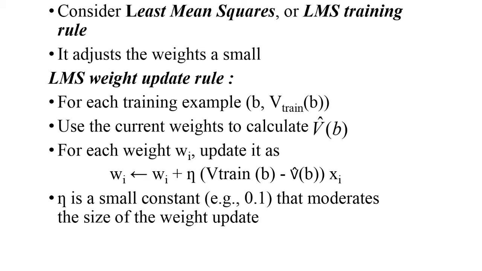For each weight Wi, update it as: the new weight Wi is the older weight plus eta times (V train B minus V hat B) times xi. Here eta is a small constant, on the order of 0.1, 0.2, or 0.01, that moderates the size of the weight update, and xi is some feature associated with the training example.